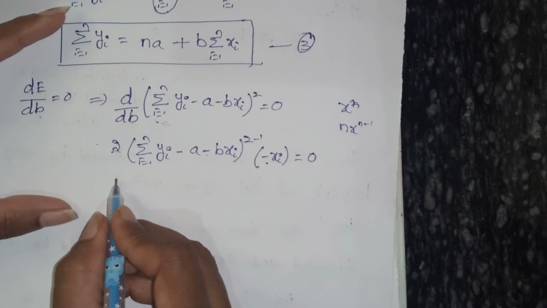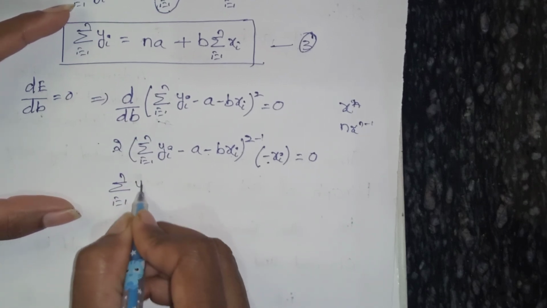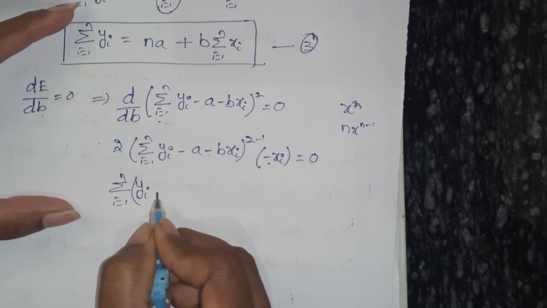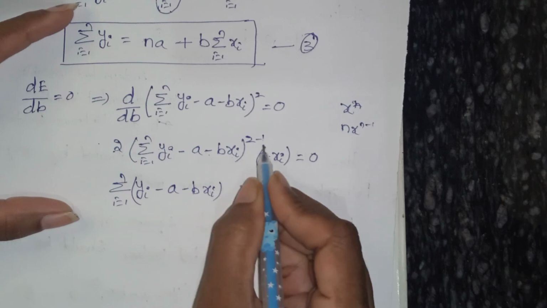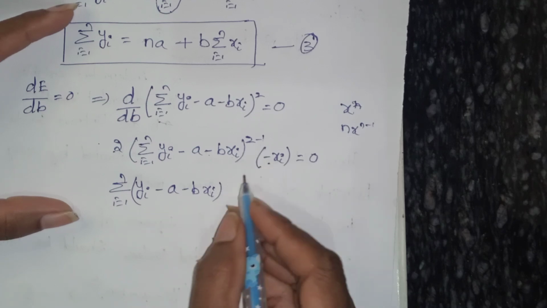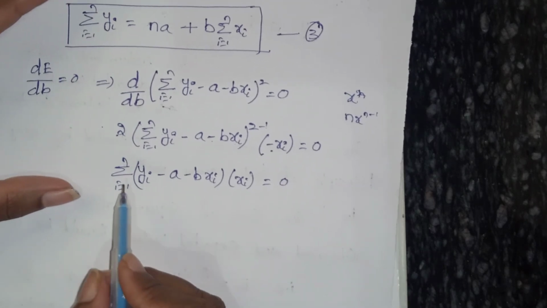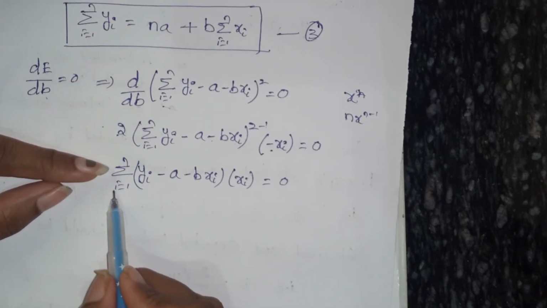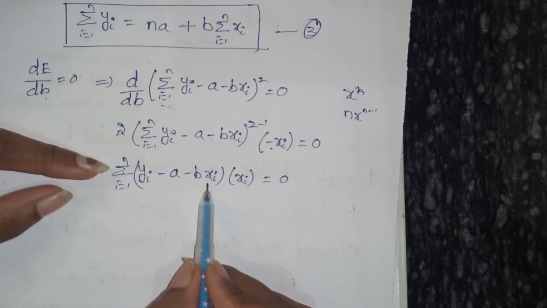It becomes 0. So summation i equals 1 to n (yi minus a minus b xi) to the power of 2 minus 1, which is 1, times xi equals 0. Now we have to multiply the summation and xi into the whole term.